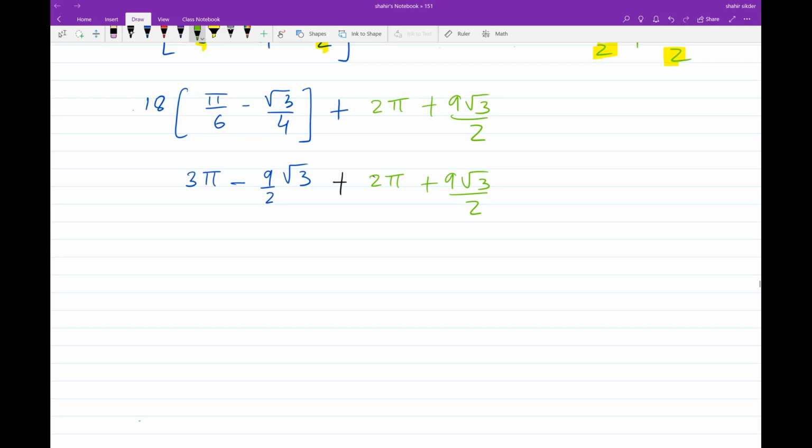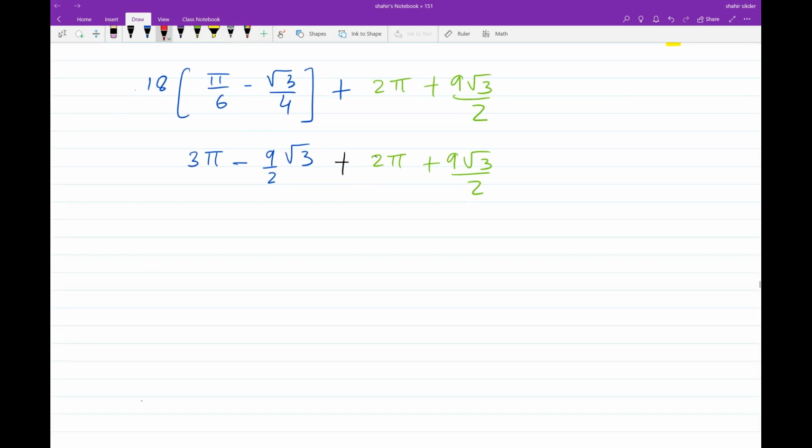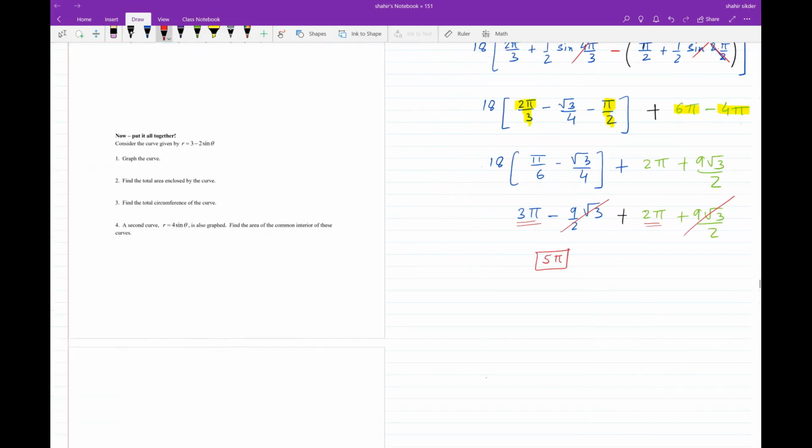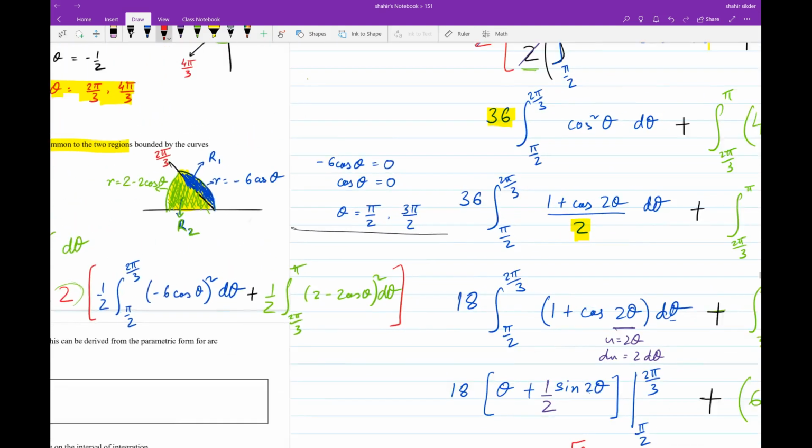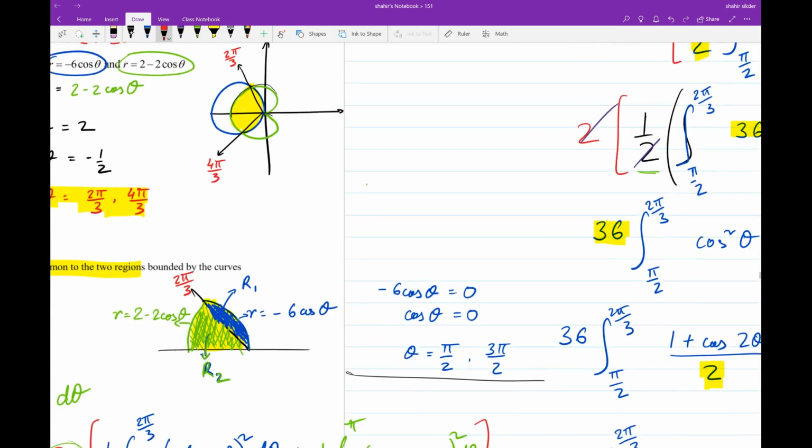But please do not forget, if you happen to do them separately, to put them together and look at whether there are like terms or not. Well, looks like these guys are like terms, so your final answer is 3 pi plus 2 pi, which is 5 pi units squared. That's the area of this whole region.